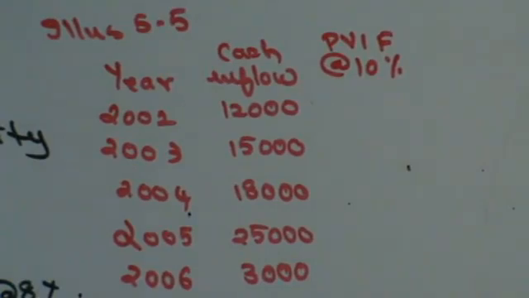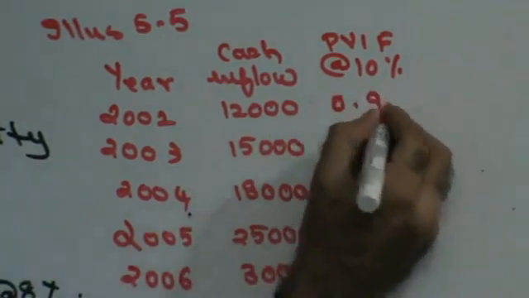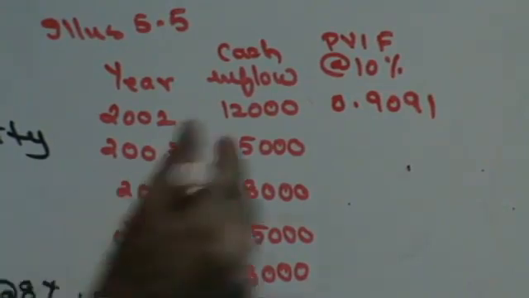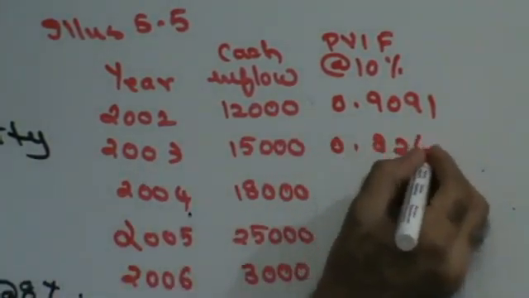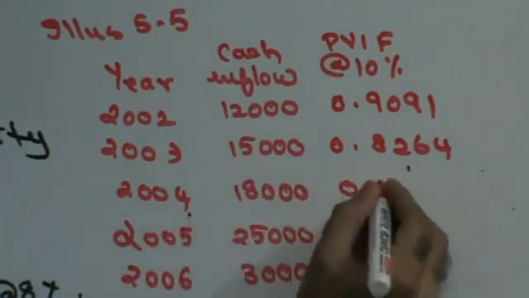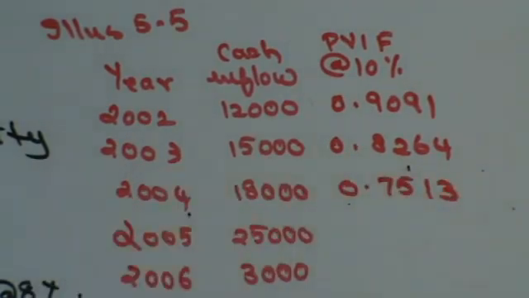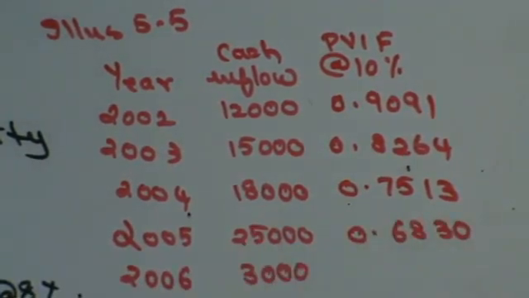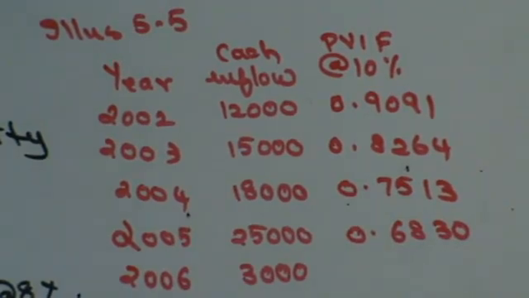At the rate of 10%, please find out the present value. It is 0.9091, 0.8264, 0.7513, 0.6830, 0.6209.